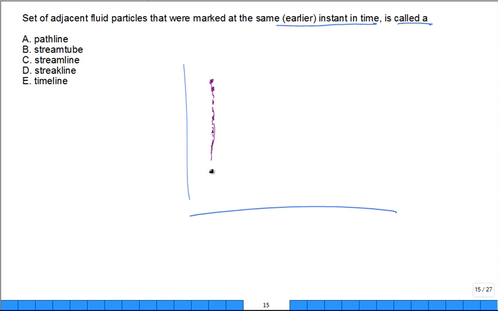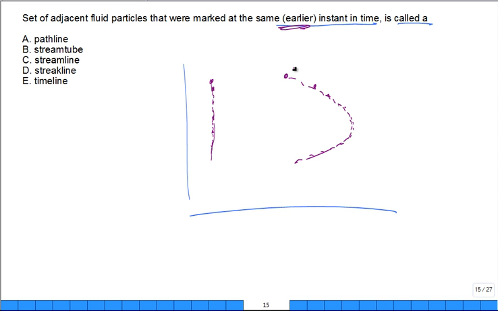I mark them at that instant in time. And then later on I say, where are you at? This one went to here. This one went to here. This one went to here. And now that's there at a later instant in time. That's where they're all at.